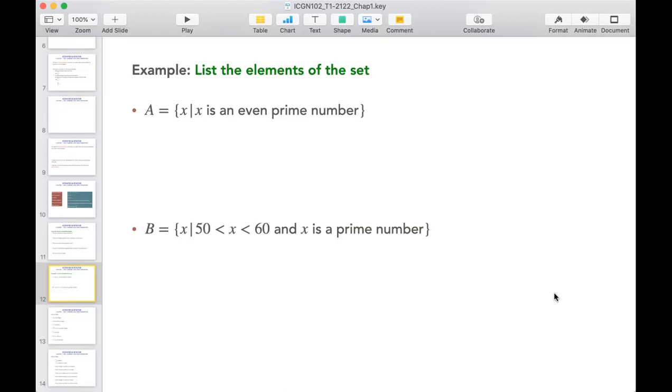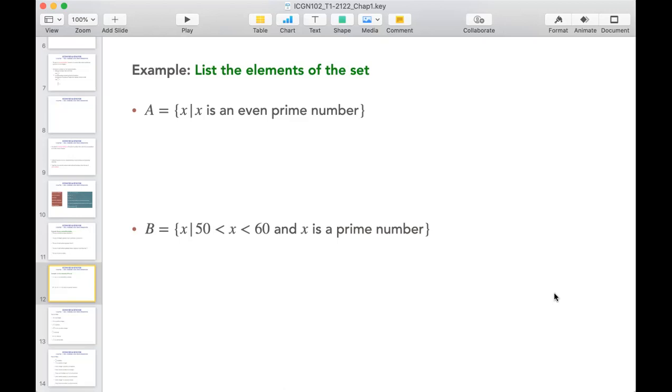Because these are the integers between 50 and 60. So, is 51 divisible by any number except 1 and itself? 51 can be divided by what number? 3. So 51 is not included in this set.